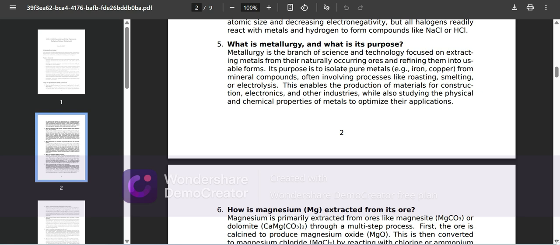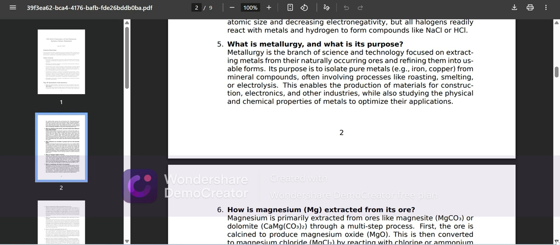What is metallurgy and what is its purpose? Metallurgy is the branch of science and technology focused on extracting metals from their naturally occurring ores and refining them into usable forms. Its purpose is to isolate pure metals, such as iron and copper, from mineral compounds, often involving processes like roasting, smelting, or electrolysis.